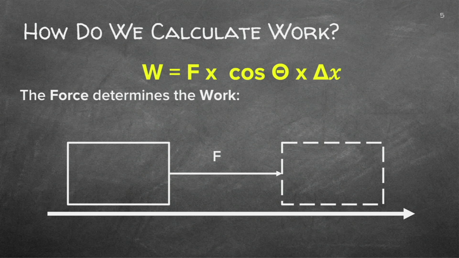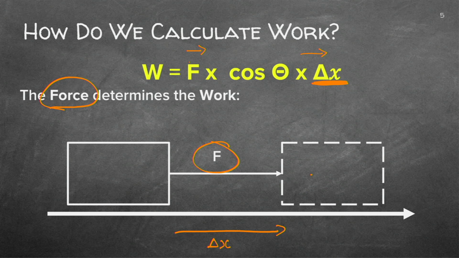If the force is here, is on a horizontal plane, it pulls this object to that side. And can you now see the displacement will also be to that side? Now, what will the cos theta be if the force is in the same direction as the delta x?